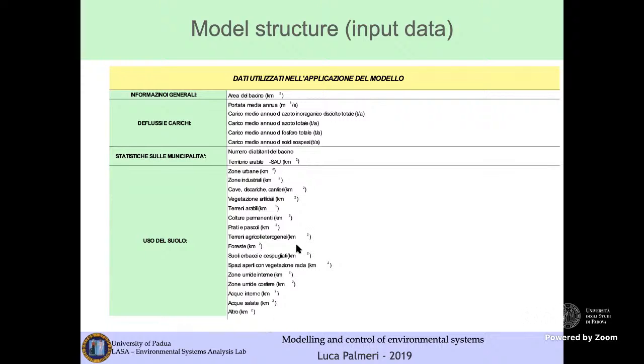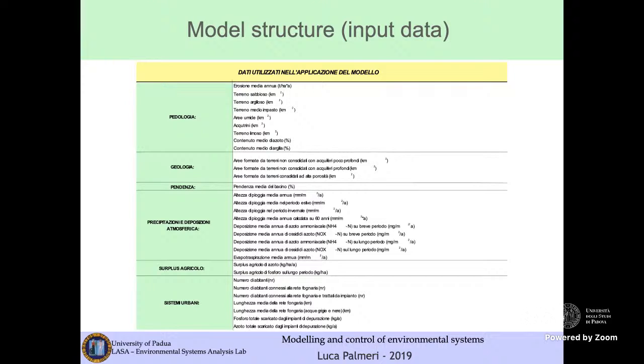So we distinguish the land use in terms of how many square kilometers of different land use are present in each one of the hydrological units, or in each one of the subunits, but in this context we will call them sub-basins.